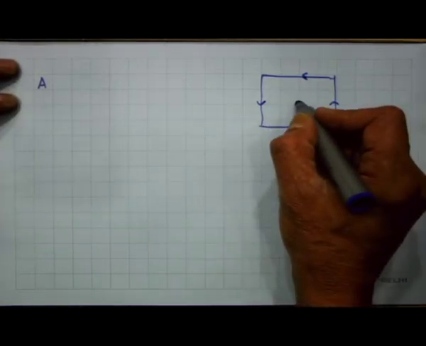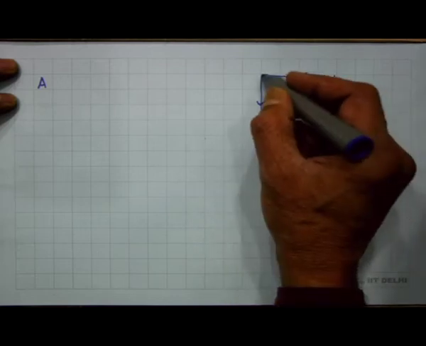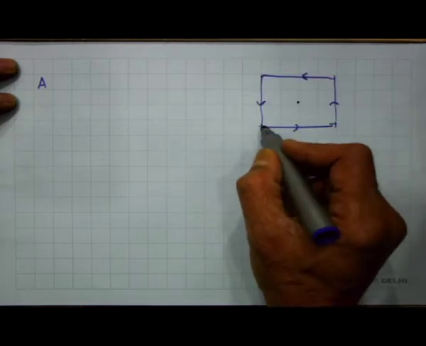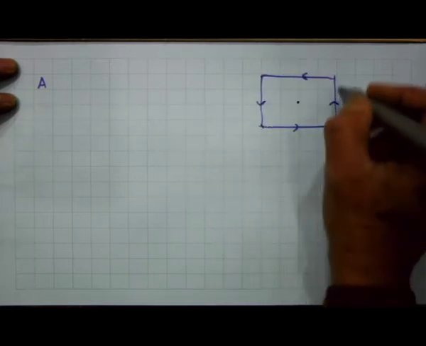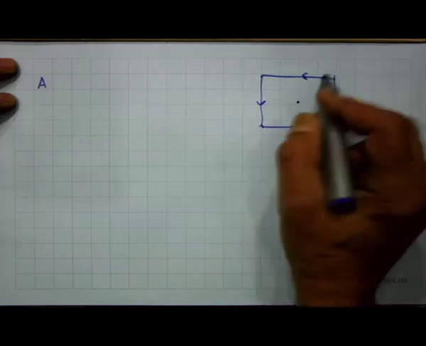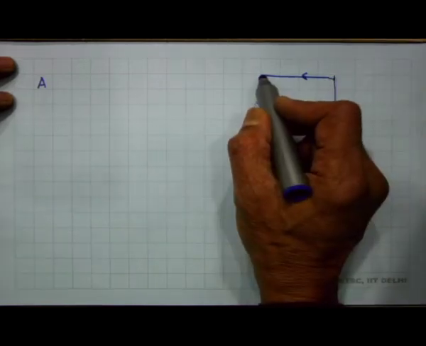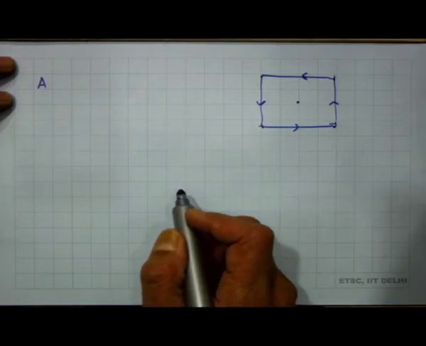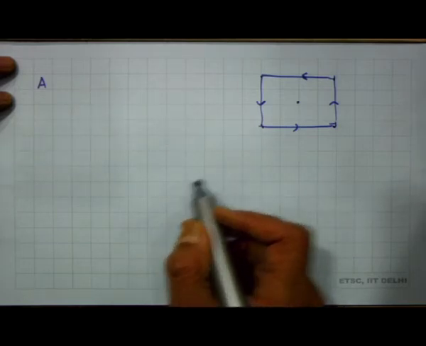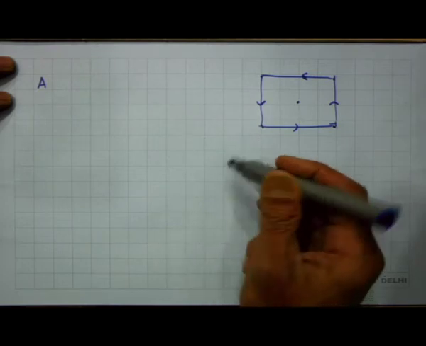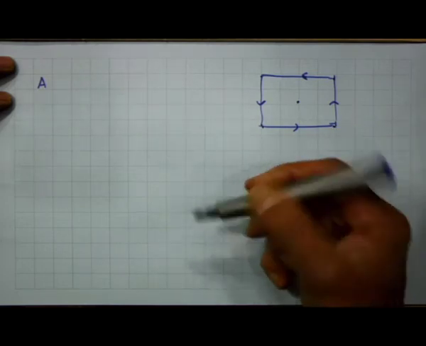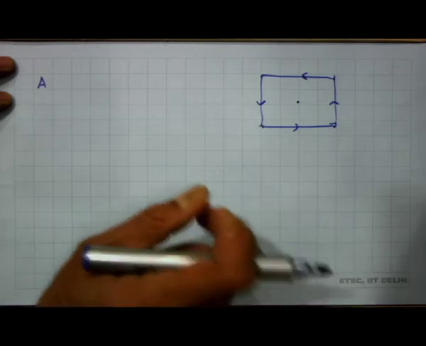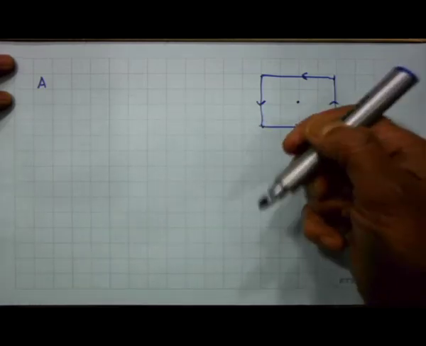The total magnetic field at this point consists of the magnetic field produced by this current element plus the magnetic field produced by this current element plus the magnetic field produced by this current element plus the magnetic field produced by this current element. We have already seen the magnetic field produced by one current element, and also remember that all current elements produce magnetic fields in the same direction.